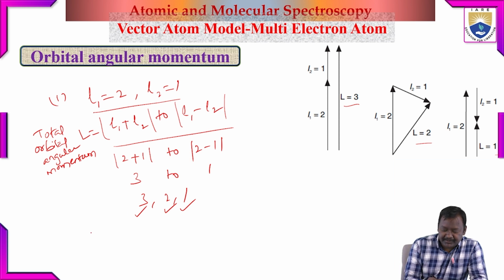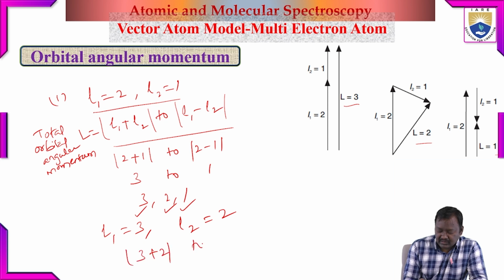For example, if these values are different, L1 equal to 3 and L2 equal to 2, then all the orbital angular momenta could be 3 plus 2 to 3 minus 2. That means 5 to 1.